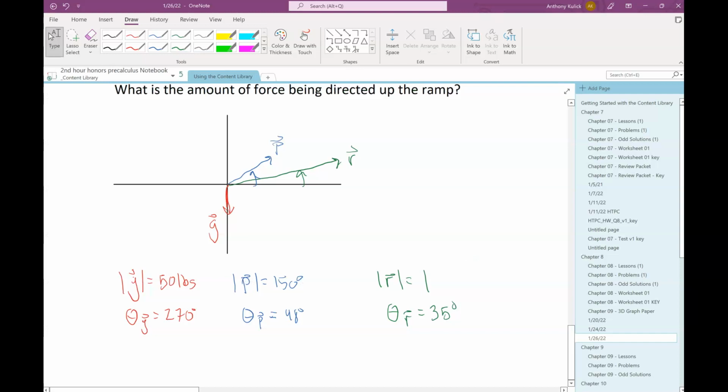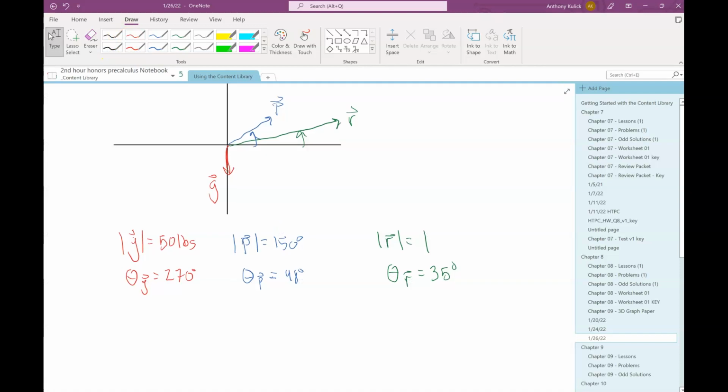Now, what I want here is really the projection of P plus G onto R. So I'm going to start by resolving everything into component form, adding vectors P and G, and then projecting that resultant onto R.